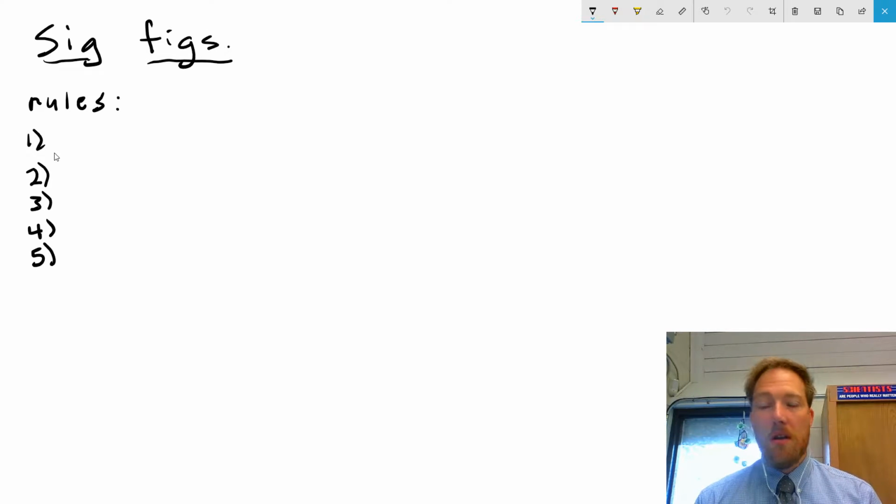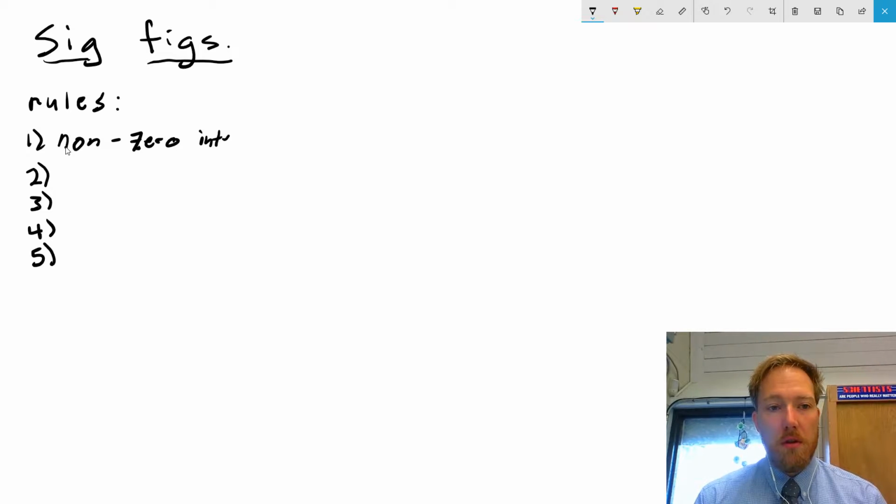So rule number 1: any non-zero number, so non-zero integer, which is a really fancy word for saying a number between 1 and 9, right?